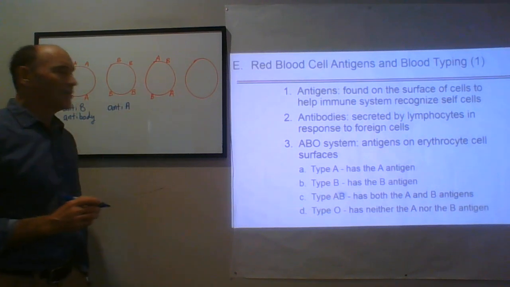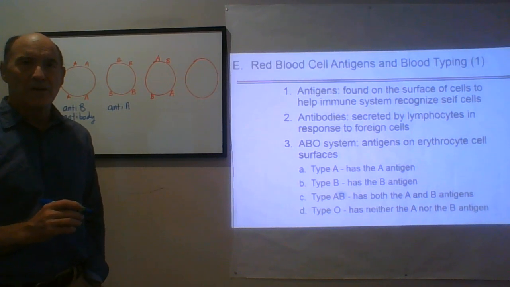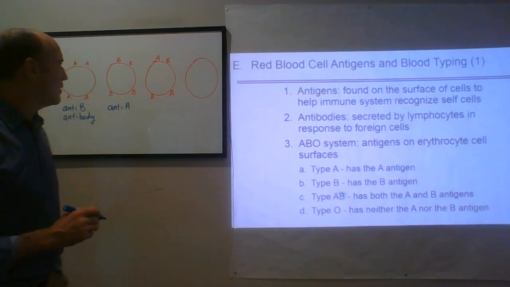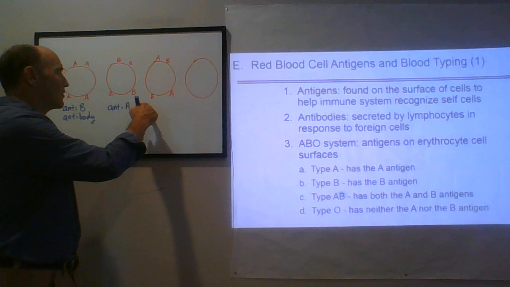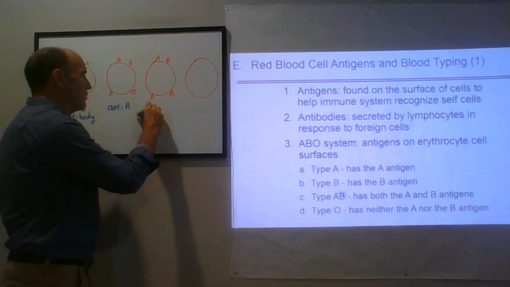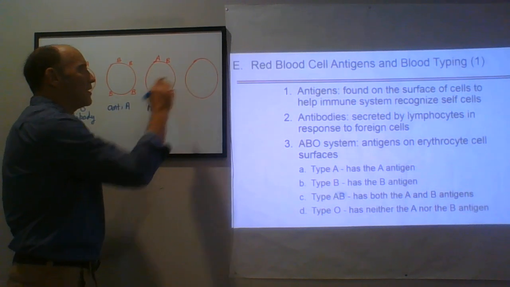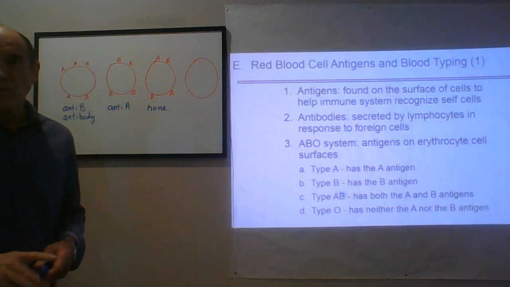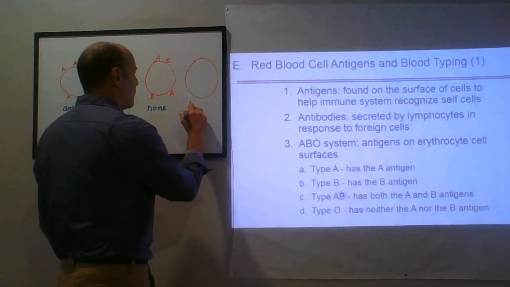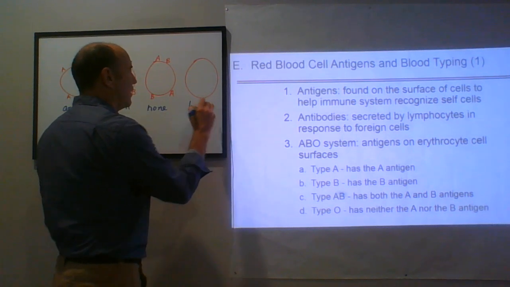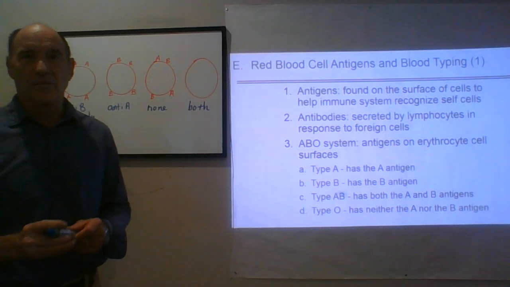The AB folks, do they have those antibodies? Hopefully not, because if they did, those antibodies would react, so they have none. And the O blood has both anti-A and anti-B antibodies in the blood plasma.